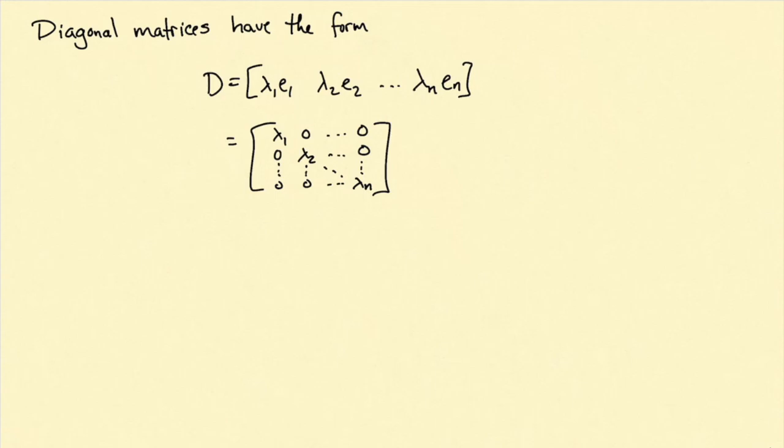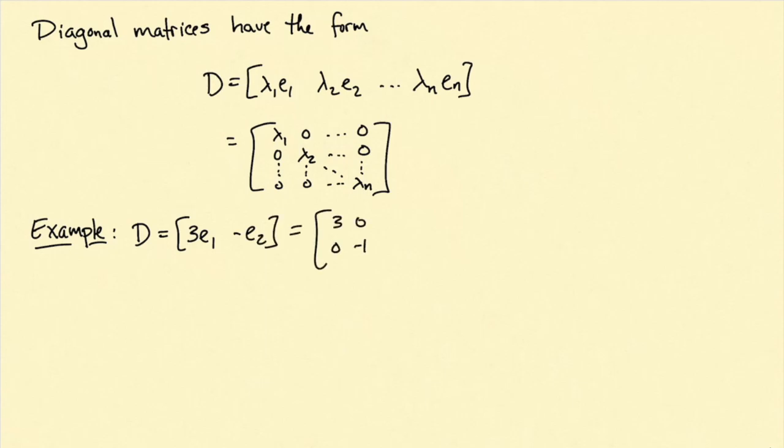And, as you may have guessed, the naming convention for the scalars, lambda 1, lambda 2, through lambda n, is in fact suggestive. So to get a feeling for why this should be true, let's consider an example. So let's take the matrix whose columns are 3e1 and negative e2.